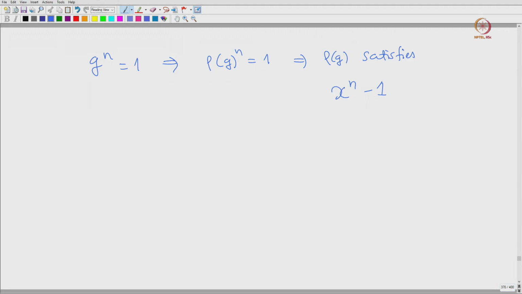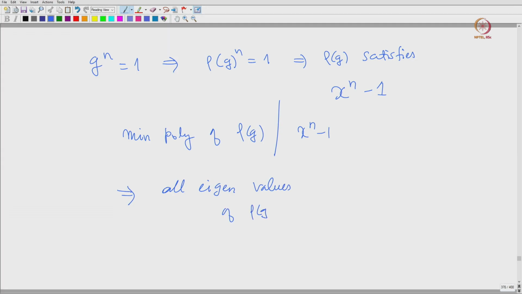Since x to the power n minus 1 has distinct roots, all the roots being nth roots of unity, the minimal polynomial of rho of g divides x to the power n minus 1. That would imply that all eigenvalues of rho of g belong to the nth roots of unity.